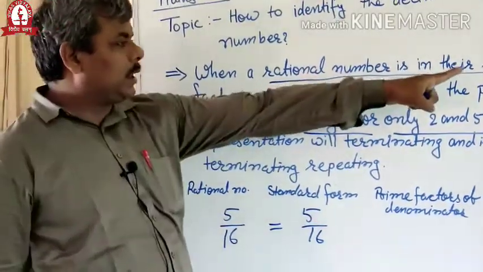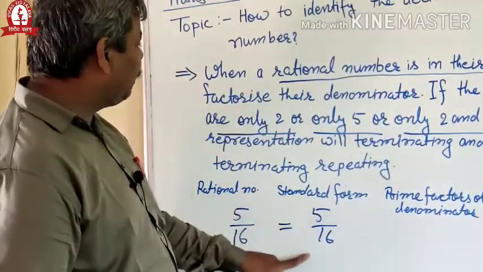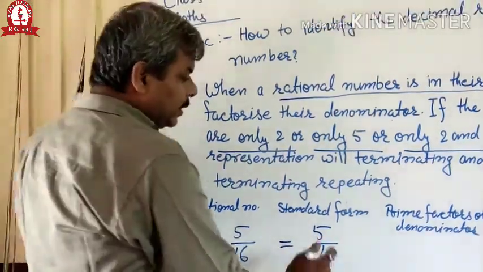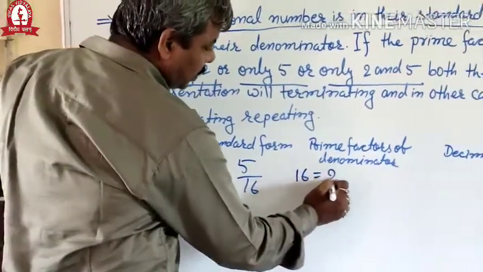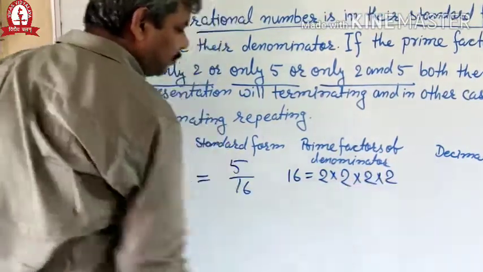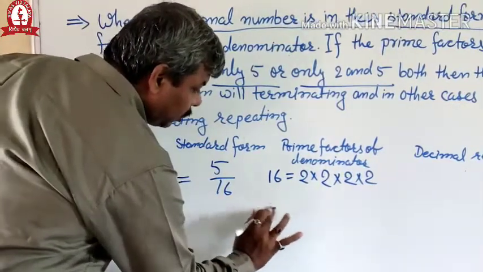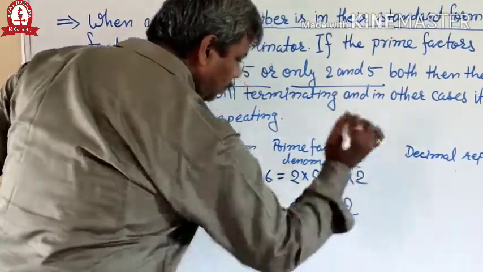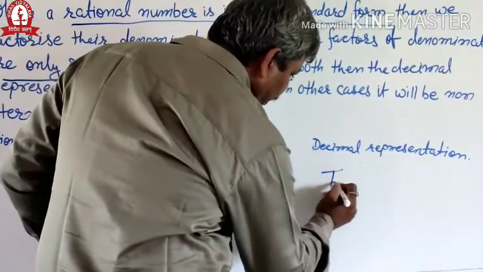Now we factorize its denominator. The denominator is 16, and 16 equals 2 into 2 into 2 into 2. The prime factors of the denominator are only 2. So its decimal representation will be terminating.